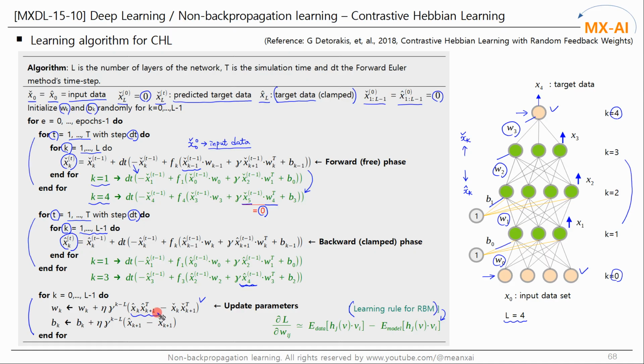This corresponds to the first term of this equation, Hebbian learning. In the forward phase, the target data estimated by the model is propagated to the lower layers. This corresponds to the second term, anti-Hebbian learning. The same goes for biases.